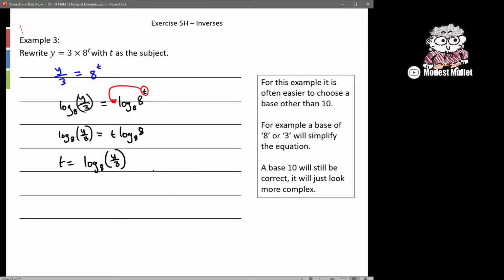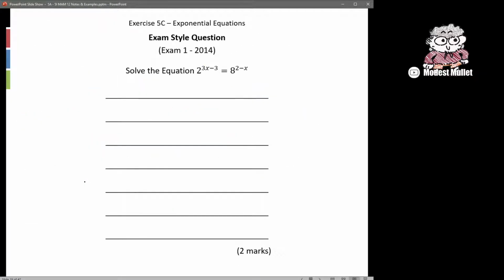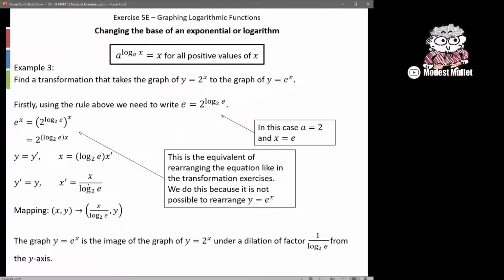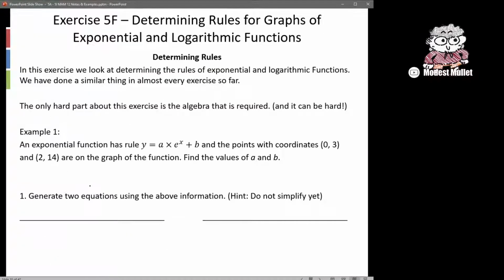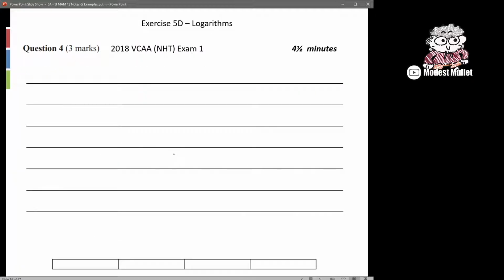Is there anything more we can do here? That's a division, so technically you could, let me double check the log laws before I lead you astray. Here we go. Yeah, we have a division, so we can turn it into a subtraction.